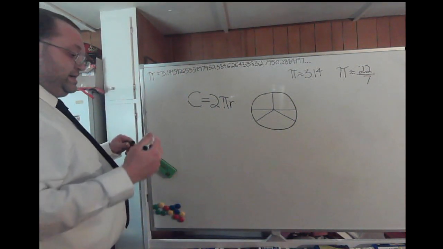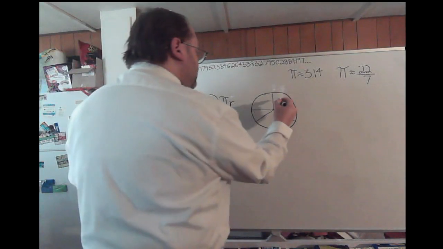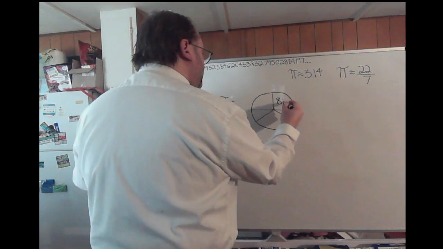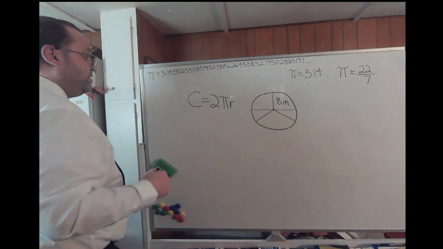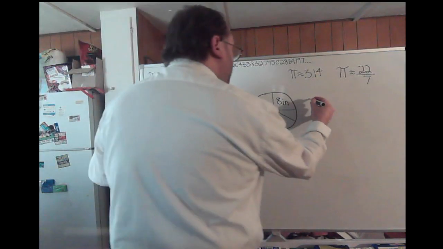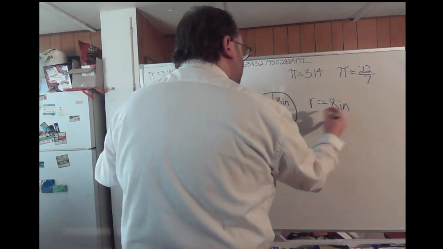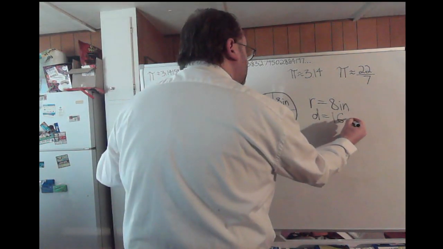So let's start with our first example here. Let's say we have a radius of 8 inches, right? The radius is 8 inches. So if the radius equals 8 inches, that means the diameter, which is twice that, would be 16 inches.